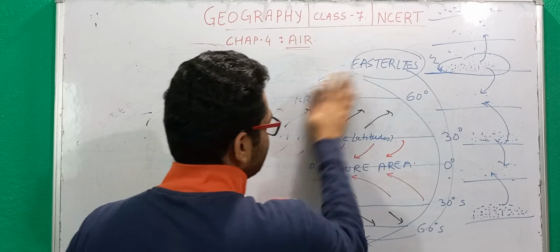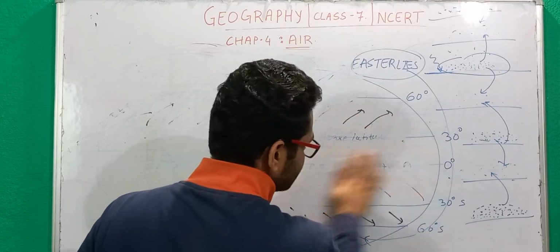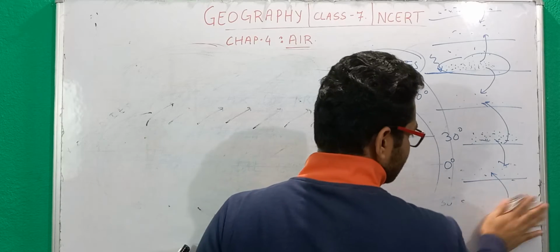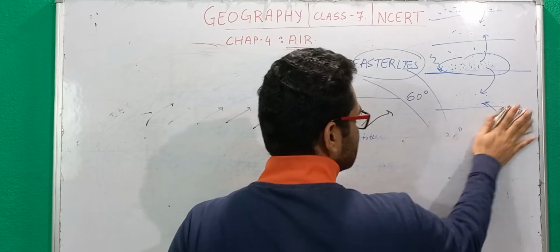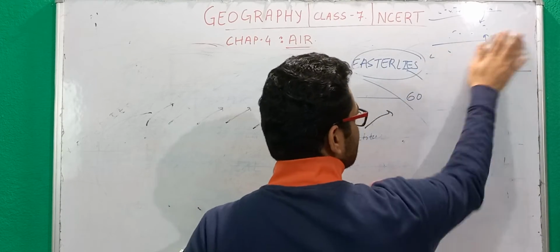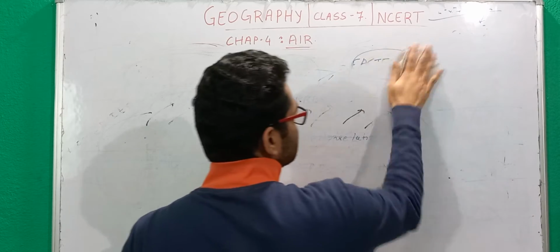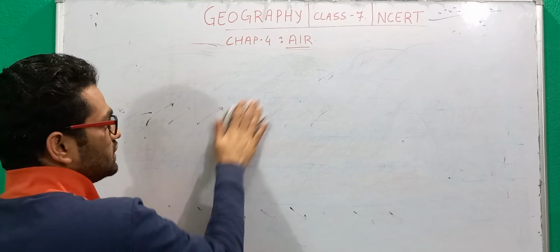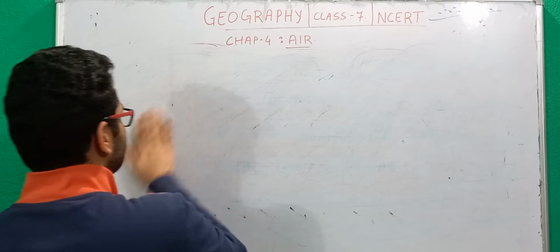So that is why mentioning those 30 degree latitudes are very important. So this was the idea behind the pressure belts we have and the type of permanent wind that flows. The entire mechanism is now understood.